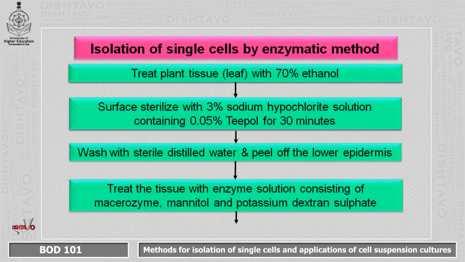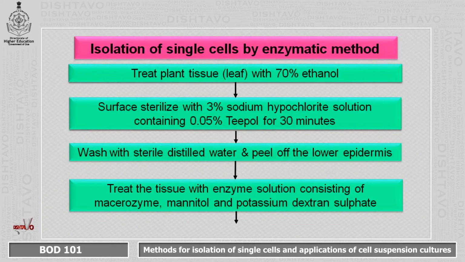Plate the cell suspension in a thin layer of culture medium. Now we will learn the isolation of single cells by the enzymatic method. Treat the plant tissue with 70% ethanol. Surface sterilize with 3% sodium hypochlorite solution containing 0.05% TEEPOL for 30 minutes.